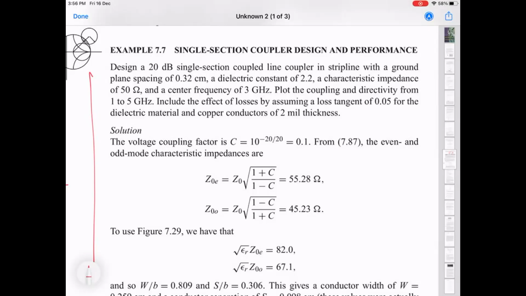Given the film thickness is 0.002 inches.